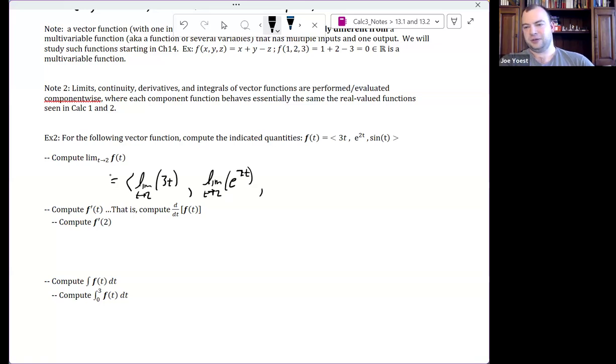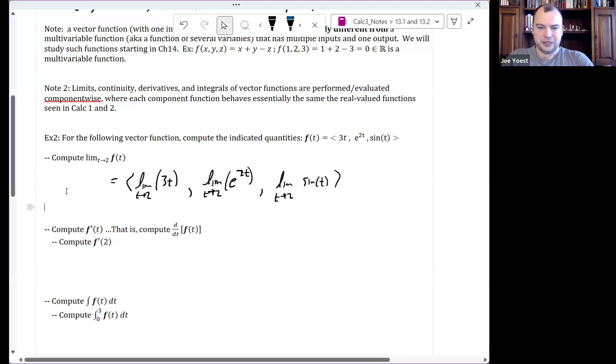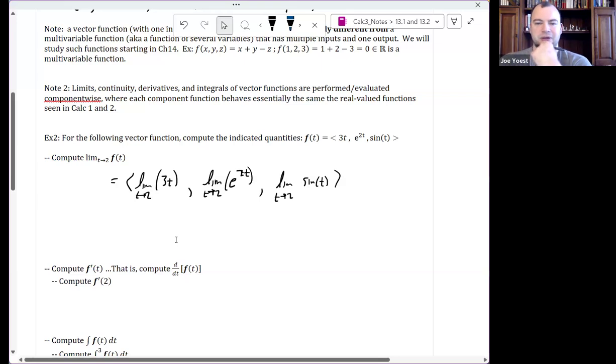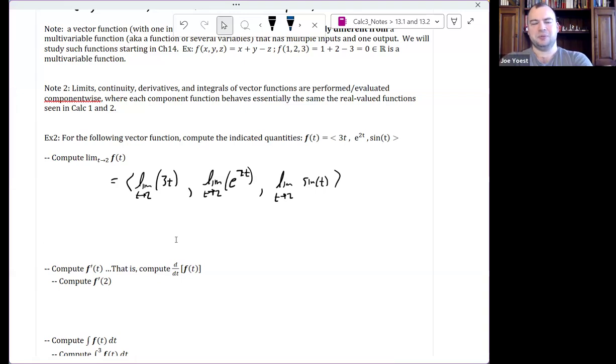And in the third component, limit as t goes to 2 of sine of t. Let me get myself a little more space here. Again, the limit passes through the vector brackets in some loose sense.